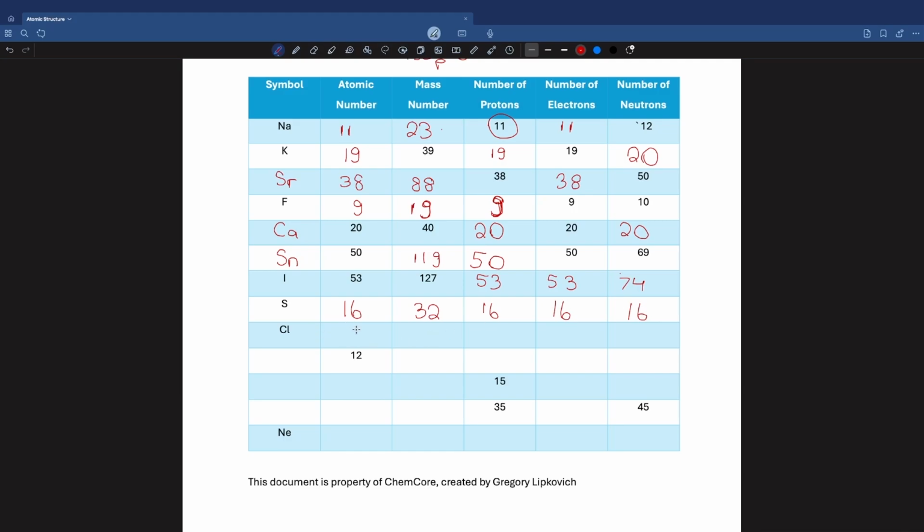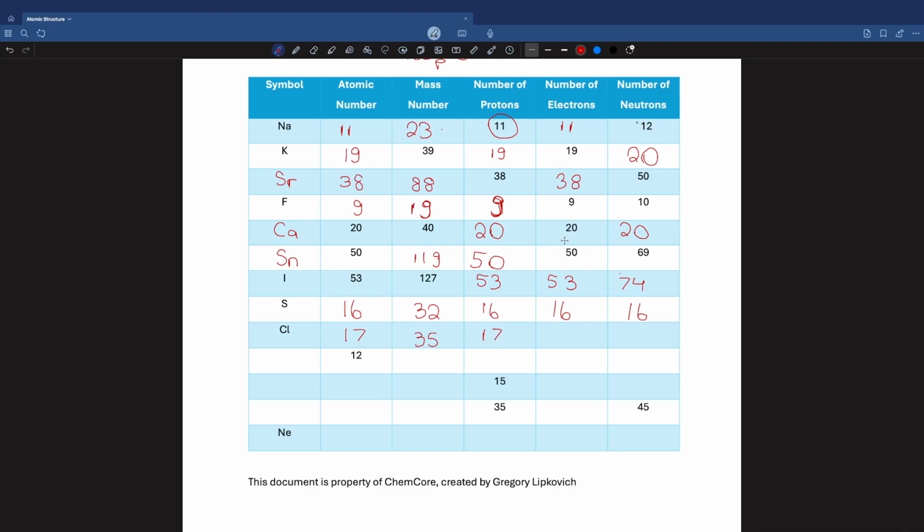The next problem, chlorine. Once again, not much information given to us. According to the periodic table, chlorine has an atomic number of 17 and a mass number of 35, which means that the number of protons must be 17.